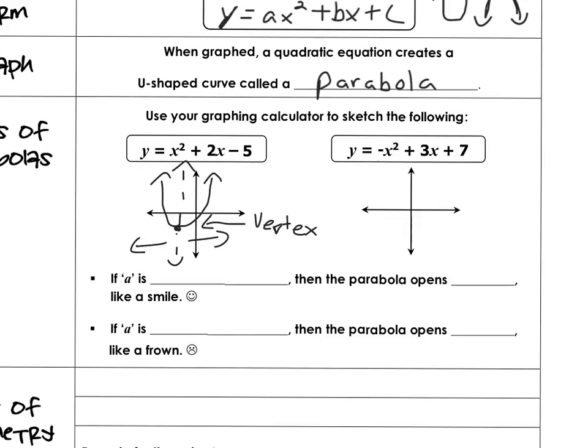All right, and then the second one, we have y equals negative x squared plus 3x plus 7. So hopefully you remember what this negative does. That's going to flip the parabola around. But please practice, put this in your graphing calculator and see what it gives you. Should have given you something that looks like this.